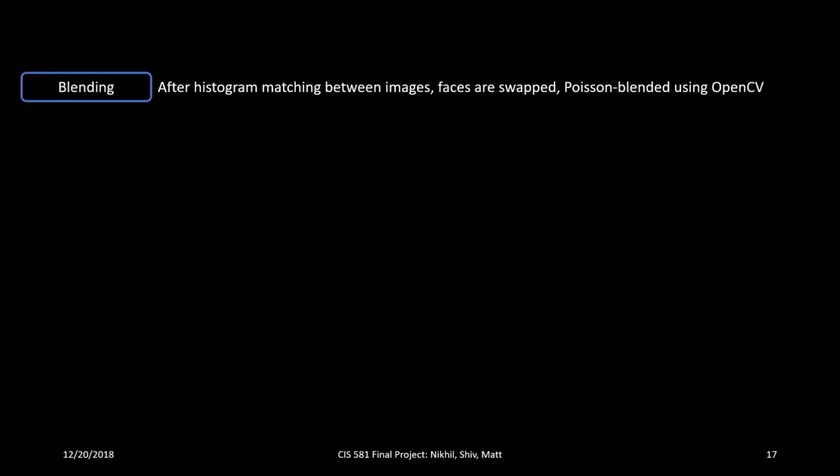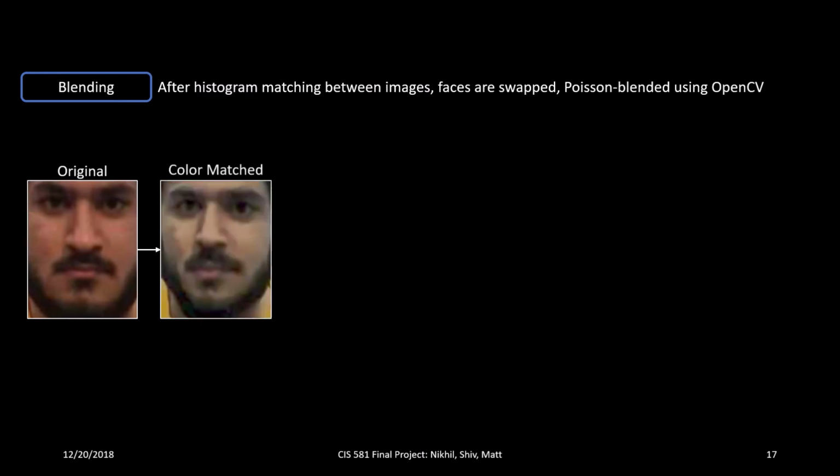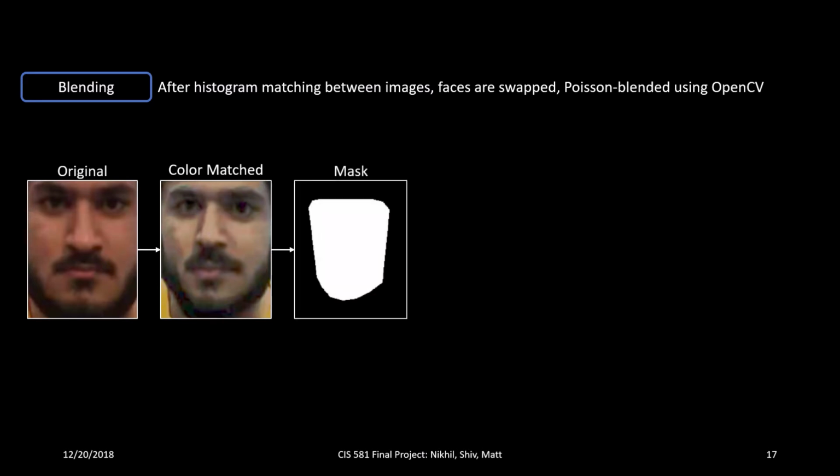The final step in this process is blending those two images together. So starting with the original source window, it's matched color-wise using a histogram matching algorithm. Now this is done kind of during the morphing step, so there's a little bit of overlap here.